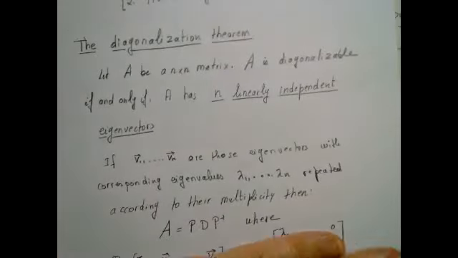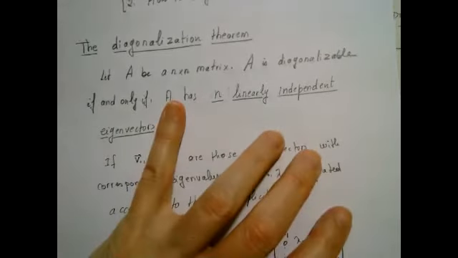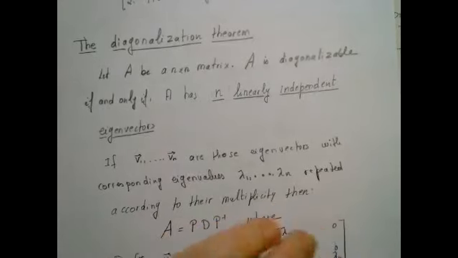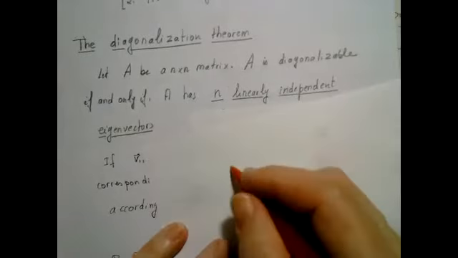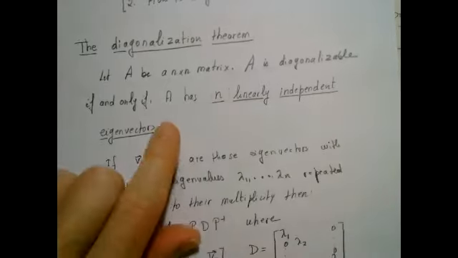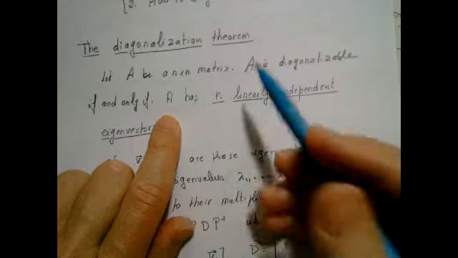the diagonalization theorem. It says the following. Suppose A is an n by n matrix. Then the matrix A is diagonalizable, meaning I can factor it this way, if A has n linearly independent eigenvectors.